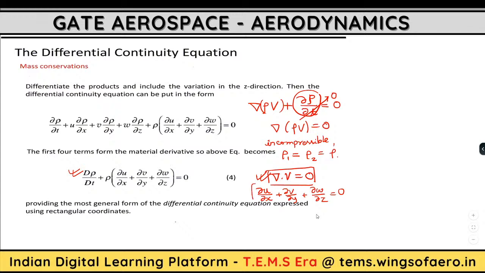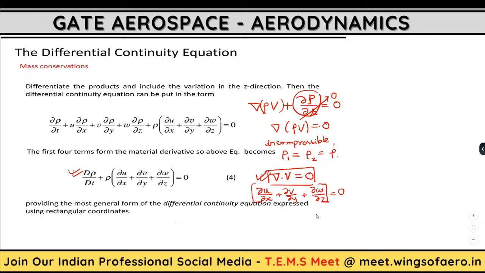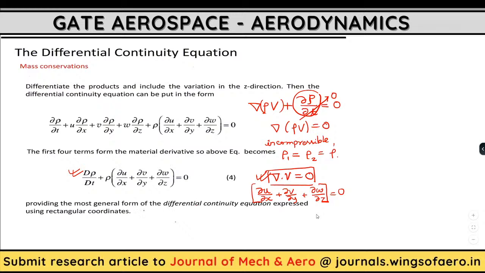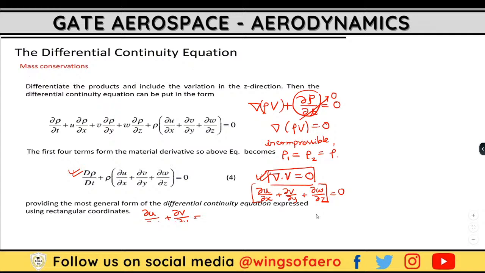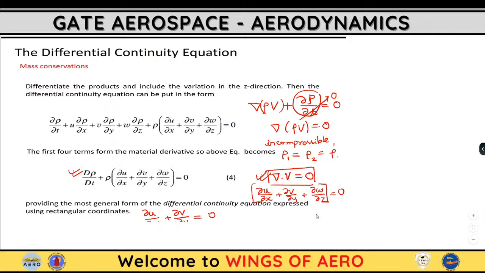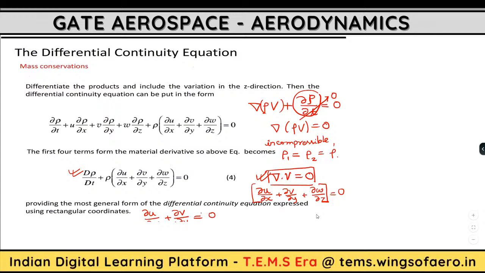This one represents satisfying the three-dimensional flow. And if they ask for the two-dimensional flow, what will be the equation? Dou u by dou x plus dou v by dou y equal to 0. So you have to be always alert with the types of flow.